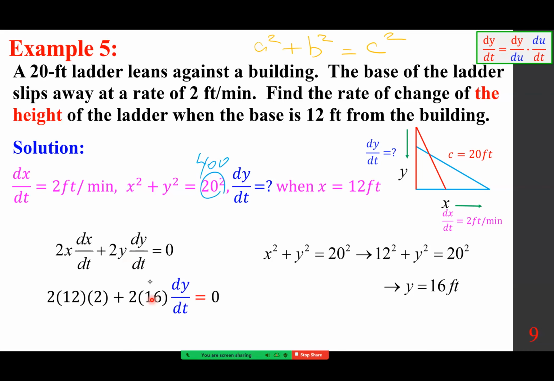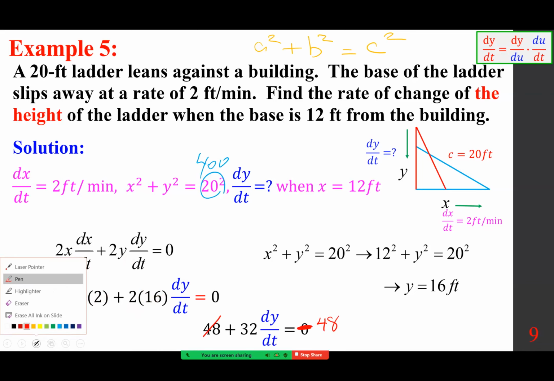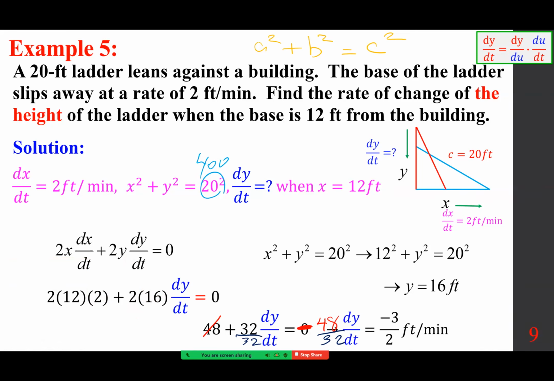48 plus 32 dy/dt. Move the 48, divide by 32, so minus 48 divided by 32, both of them are divisible by 16, negative 3/2 feet per minute.